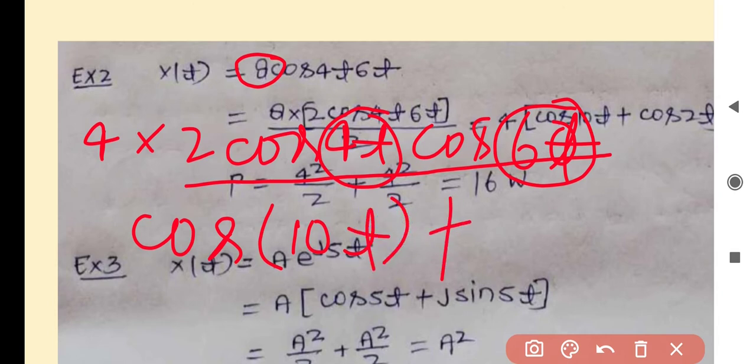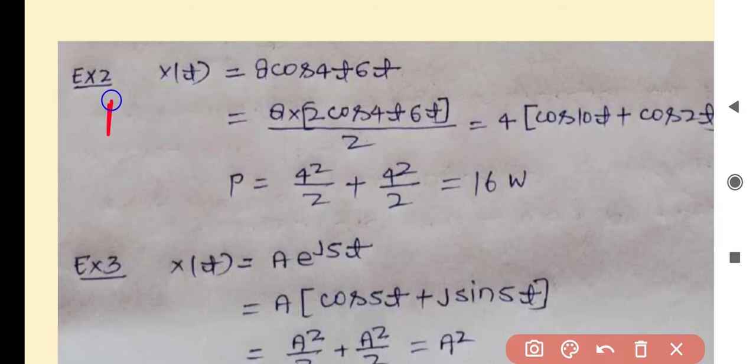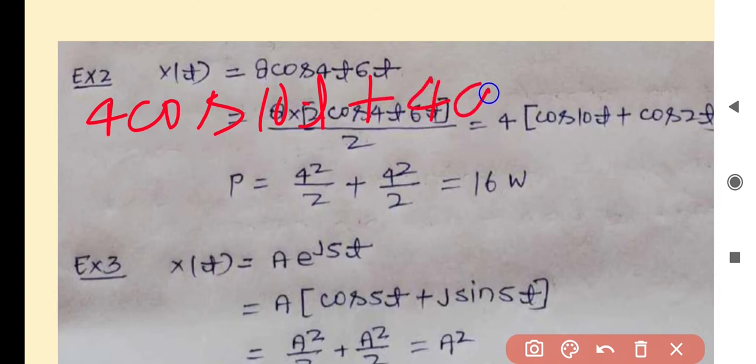plus cos A minus B. So cos A minus B means 4t minus 60, cos of minus 2t, which is cos 2t, and there is a 4 outside the bracket. So this will become equal to 4 cos 10t plus 4 cos 2t.